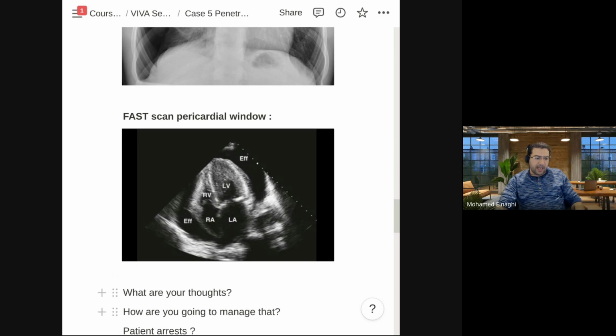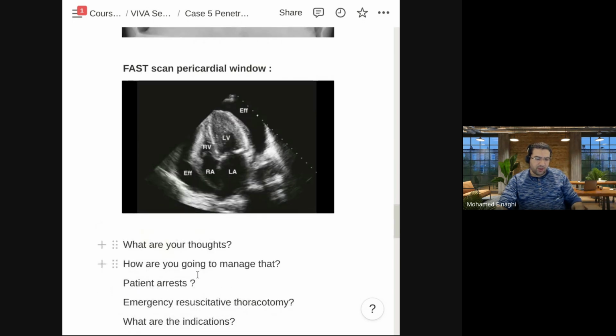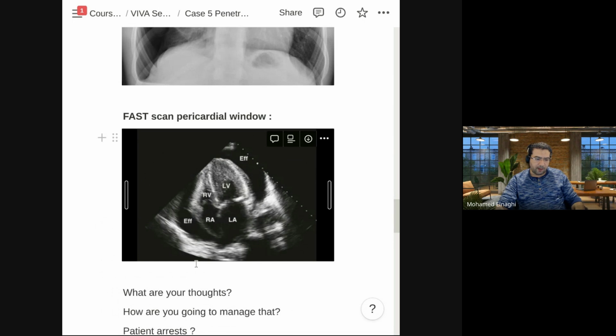So this is why it's important to sort out the cardiac tamponade as much as possible. This situation is ideal for a scenario where you get a young patient with a stab wound to the heart, with enough cardiac tamponade to cause cardiac arrest.